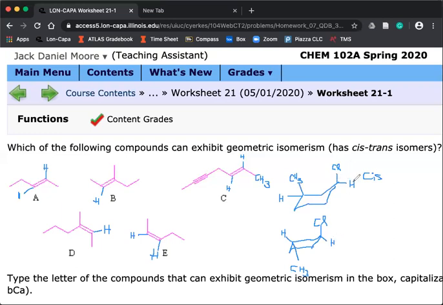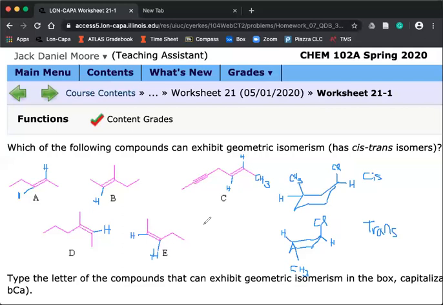So this would be our cis conformation because they're on the same side, and now that they're on opposite sides, we're in the trans conformation. If you have a ring, just remember that you need to have two unique groups on two different carbons in order to have this cis-trans isomerism, whether it's a 5-carbon ring, 4-carbon ring, or a 6-carbon ring like I have shown here.